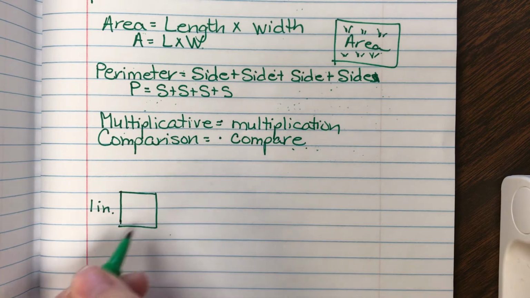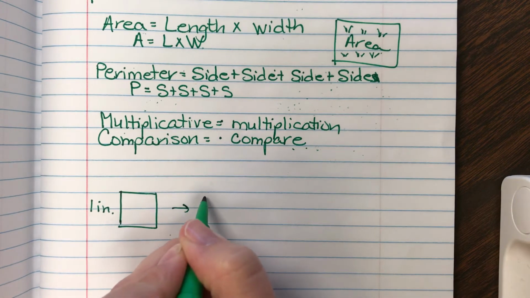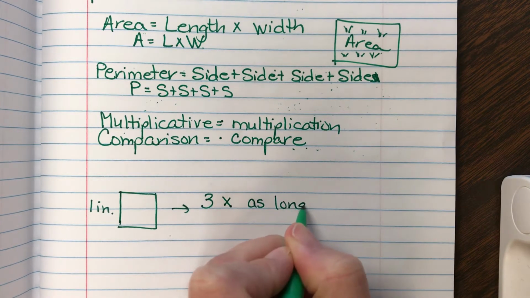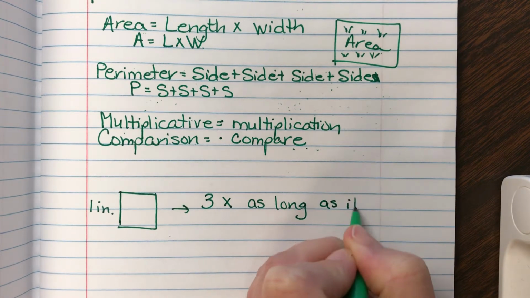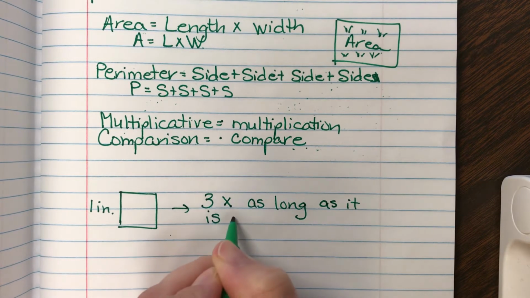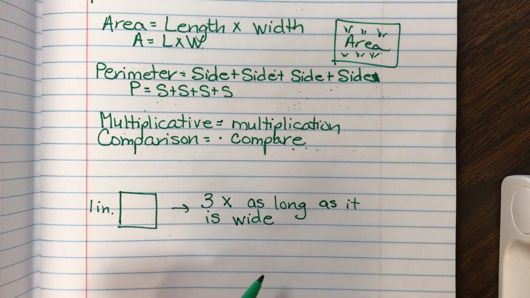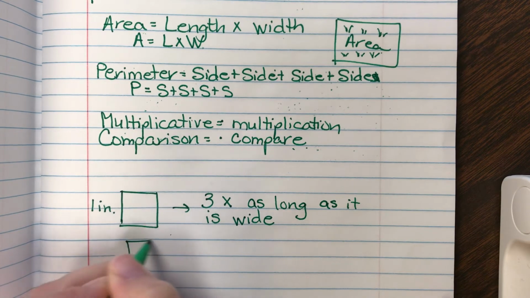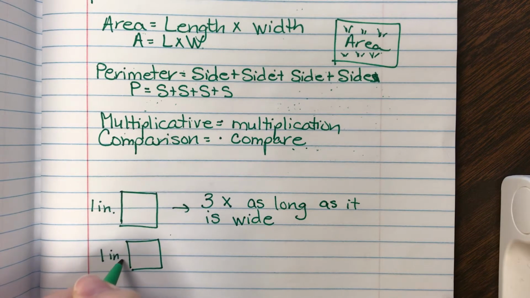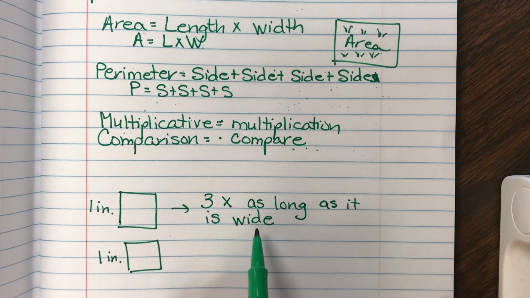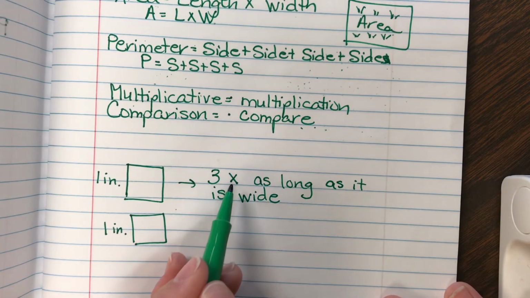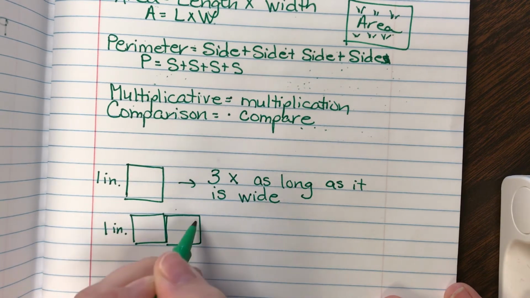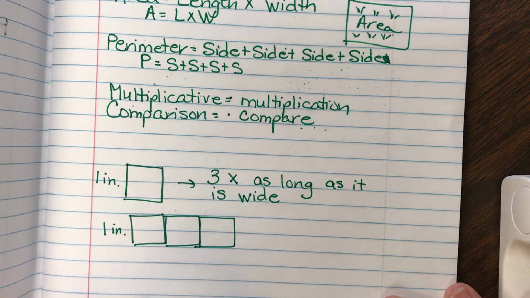And then we say this rectangle is 3 times as long as it is wide. So we know then that we're going to take this one rectangle, that's 1 inch, and we're going to say it's 3 times as long as it is wide. So we know if it's 3 times, we have to have 3 of these all together. So 1, 2, 3.